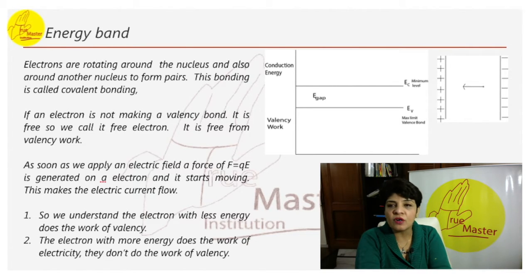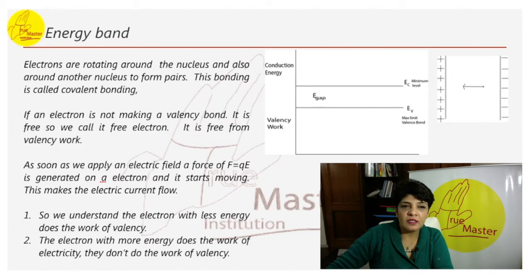If they are doing the work of conductivity, then they are not doing the work of covalent bonding. We can draw the level of energy, say, energy versus the interatomic space in a graphical form. Here, if it has less energy, then it is doing the work of a valency bond. If it has more energy, it is doing the work of conduction.